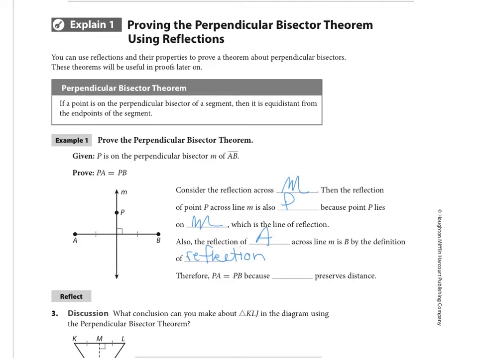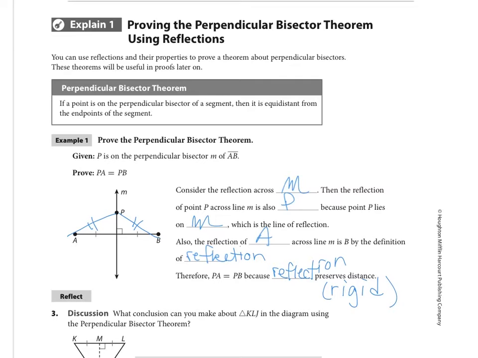And therefore, the distance from P to A is the same as the distance from P to B, because reflection is a type of transformation that preserves distance. And remember, that's that idea of a rigid transformation that we talked about back in Unit 1.